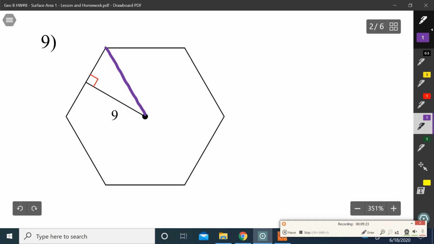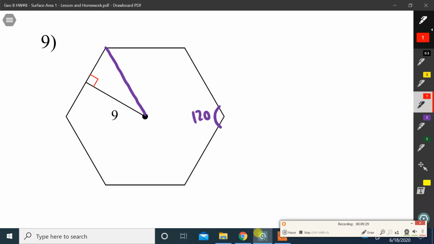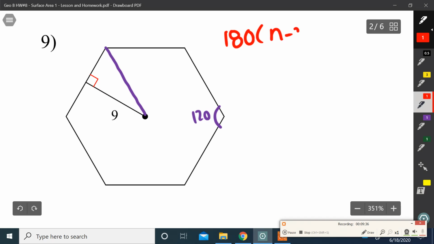So we went over this and we already know that each one of those is 120. Remember that I told you that the sum of all the angles was 180 times n minus 2. We have 6 sides here.